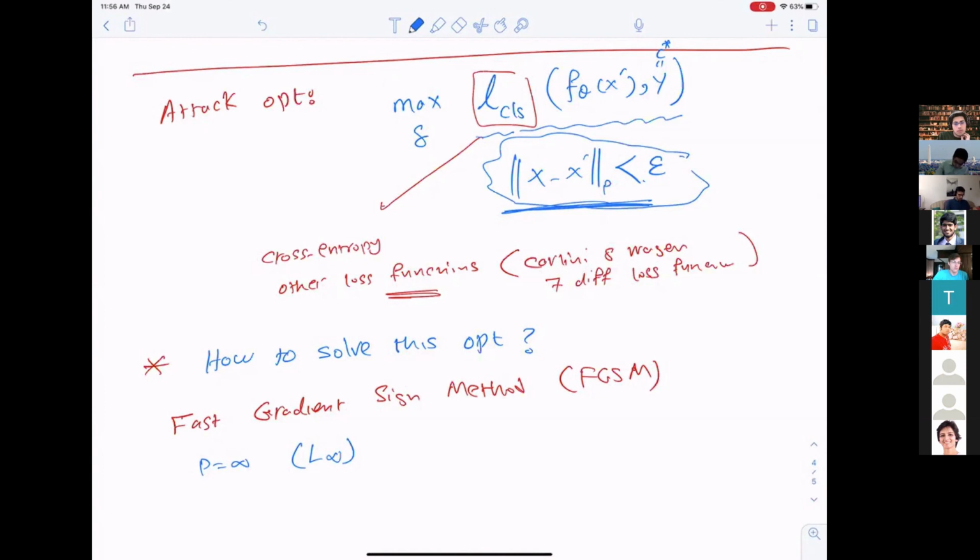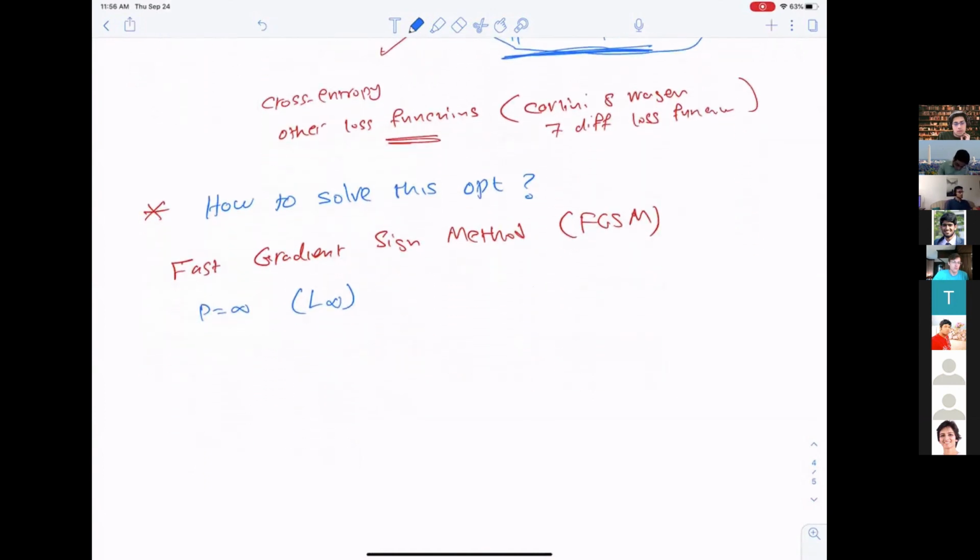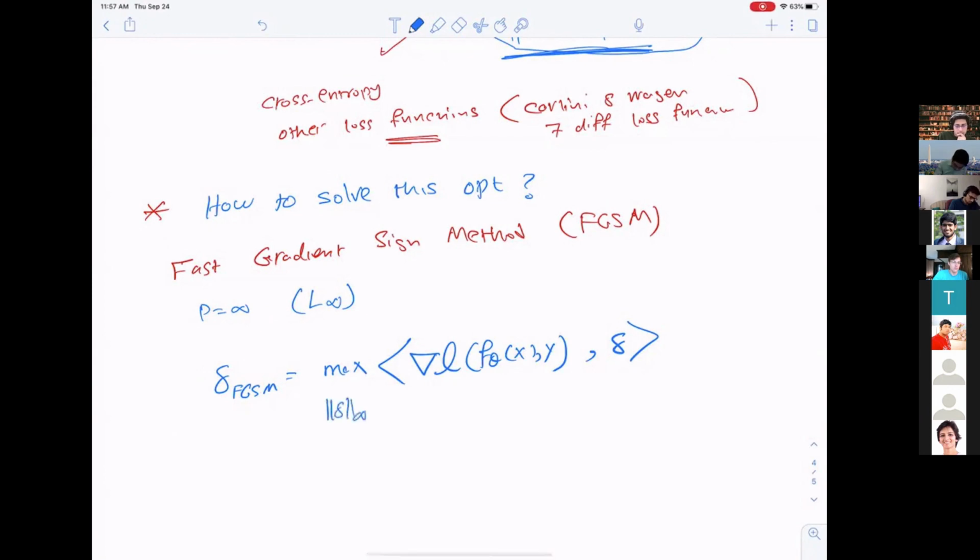That's the delta that I'm going to compute; I would call it delta FGSM. I compute the gradient of my loss, say f theta of X and Y, and find the delta that is in the direction of my gradient. So I want to maximize the inner product between the direction I go and the direction of my gradient. The only constraint is that my L infinity norm is less than or equal to epsilon. I don't want to violate my L infinity constraint.